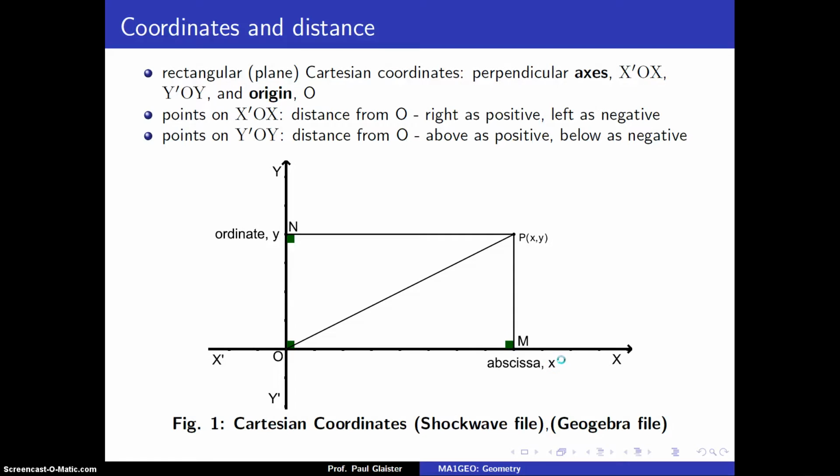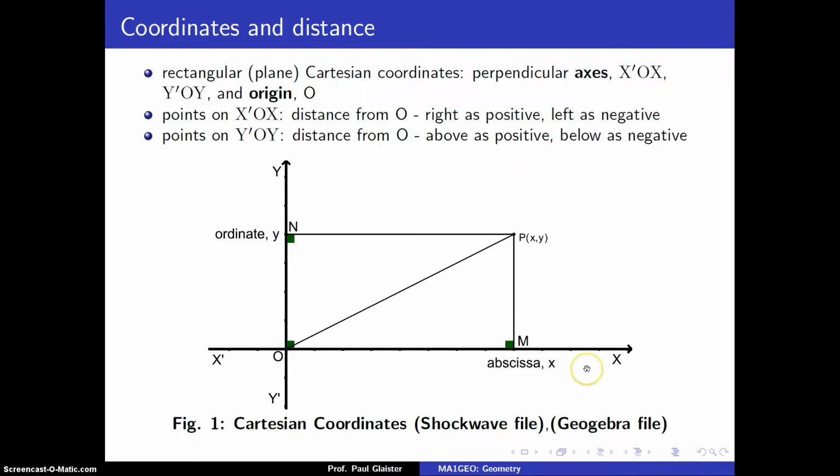So for the whole of this course we're going to be dealing with problems in the plane, for which I'm assuming that I have a horizontal x-axis, a vertical y-axis, and a point of intersection called the origin.